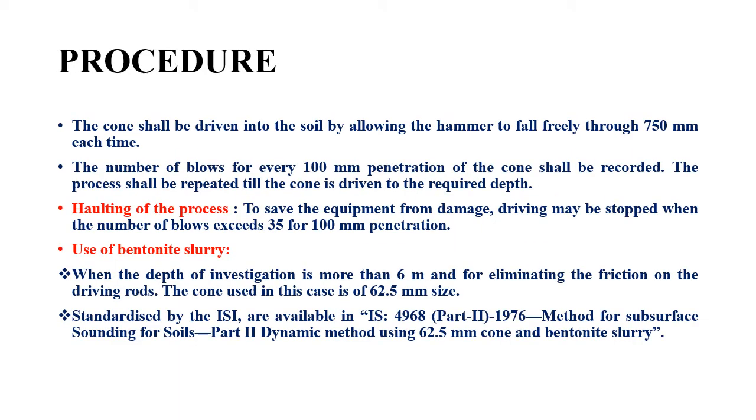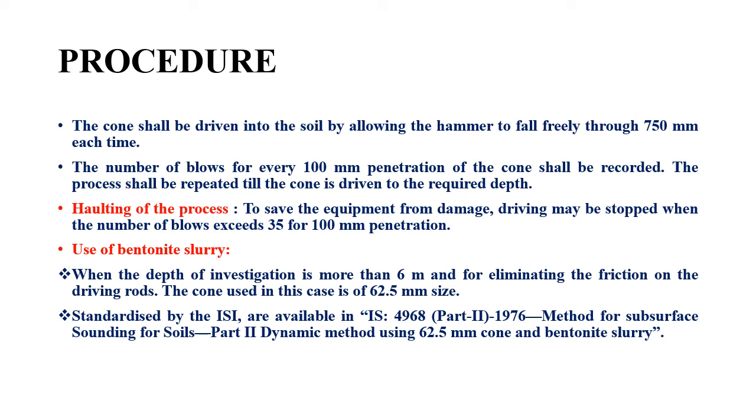So the procedure of this test is very similar to your standard penetration test. Here also the energy used for driving the cone is given by the hammer blows. So the hammer will be simultaneously lifted and dropped, and it will fall through a free fall height of 750 mm along the guide onto the driving head. Okay.